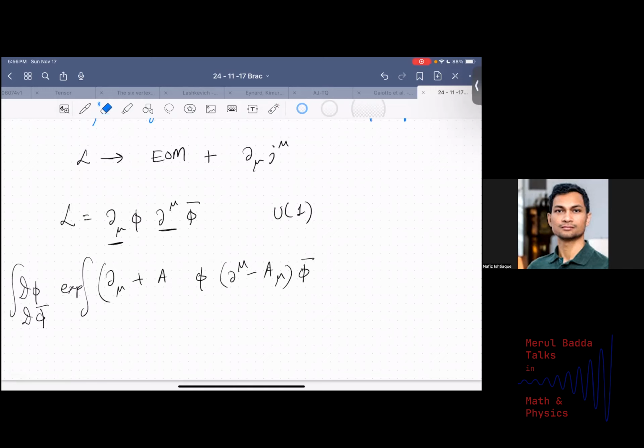So here, why can we couple this theory to this background connection? Because we had this U1 symmetry. I mean, if this is the first time you are seeing this statement, then just take this example as a motivation. Whenever you have a global symmetry in your theory, you can introduce these background fields by changing your derivatives to covariant derivatives.